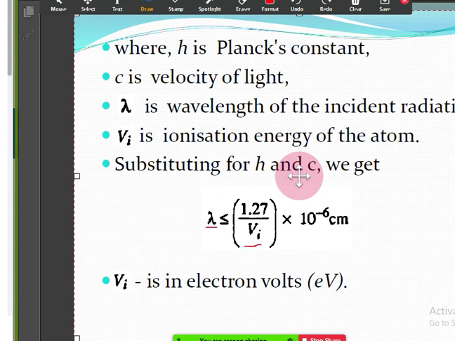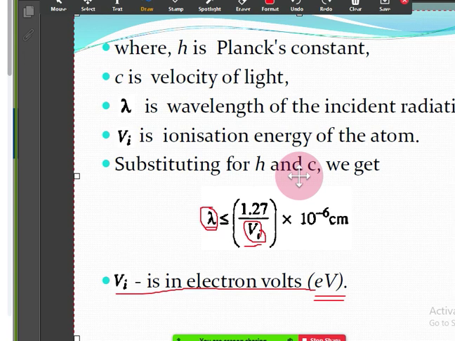Generally the ionization potential of an atom is in electron volts, so it has units. Generally Vi is a few electron volts. If Vi is very low, for suppose 4.5 electron volts, then lambda should be more.